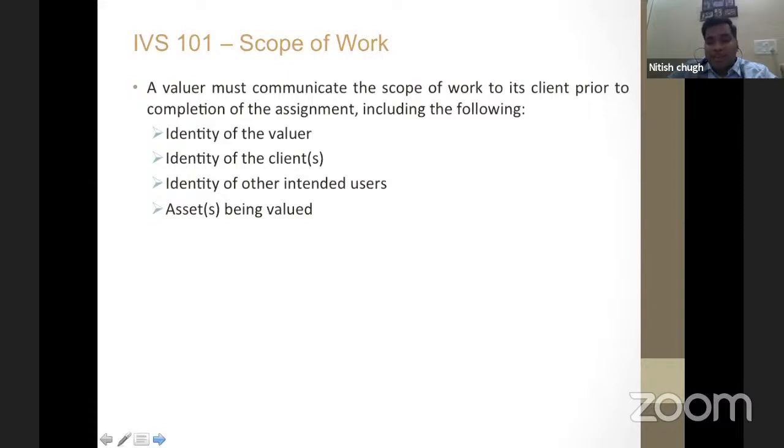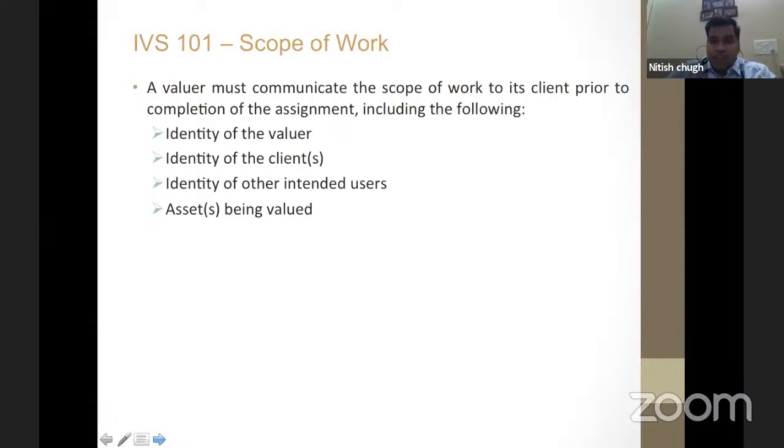There are certain assets which are not there in the balance sheet itself. For example, if I talk about intangible assets, customer lists are not valued and accounted for in the books of account. So you will not have it in the books of account.